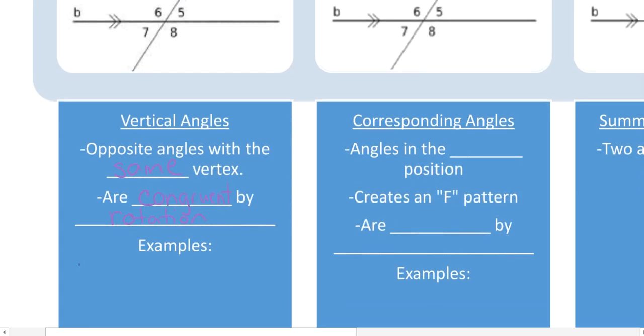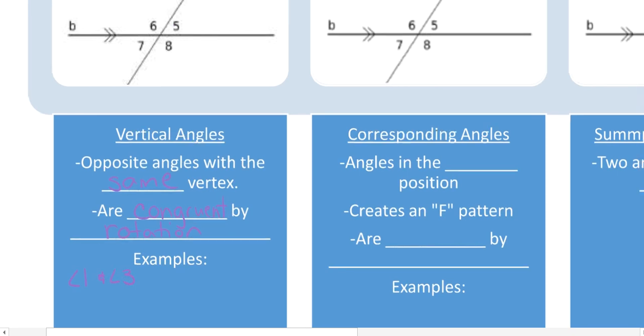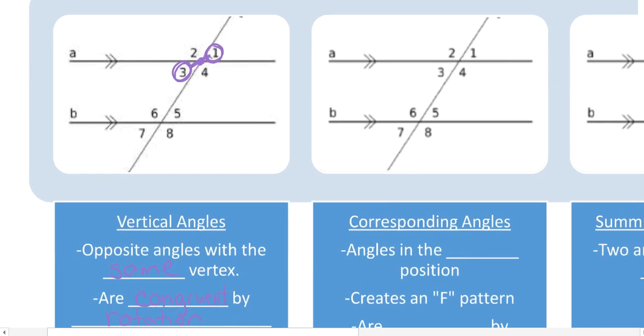So my vertical angles are angle 1 and angle 3. And so I can say that those two angles are congruent. They are the exact same measure, because if I were to use my patty paper and trace angle 1, it would be the exact same measure as angle 3.